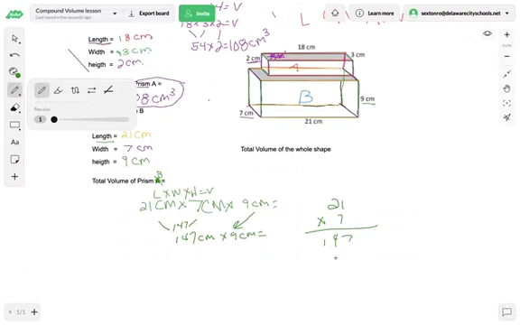Okay, so 147 times 9. Ooh, these are tricky. 9s help me out. 9 times 7, that's just, what is that, 63? And then 4 times 9. Well, that's going to be 36 plus 6. It's 42.